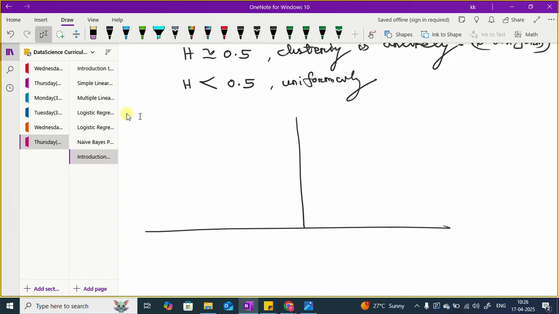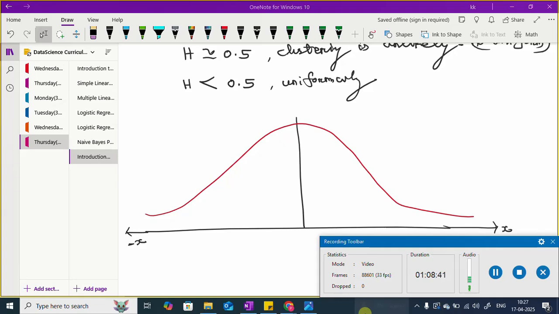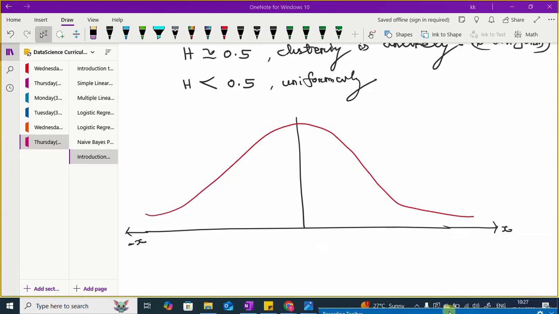If my data set follows the Gaussian distribution, meaning it is present in a normal distribution, this is my positive x-axis, this is my negative x-axis, the top one is my y-axis, and obviously this is my negative y-axis.